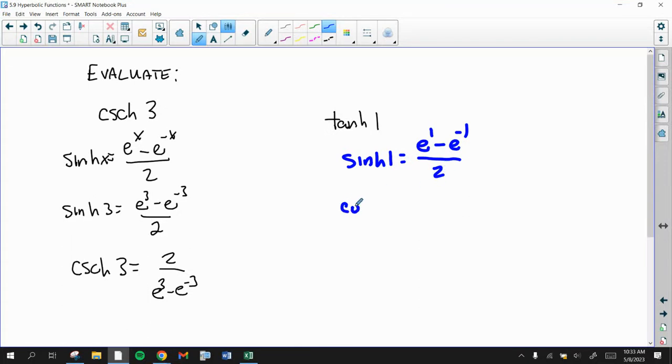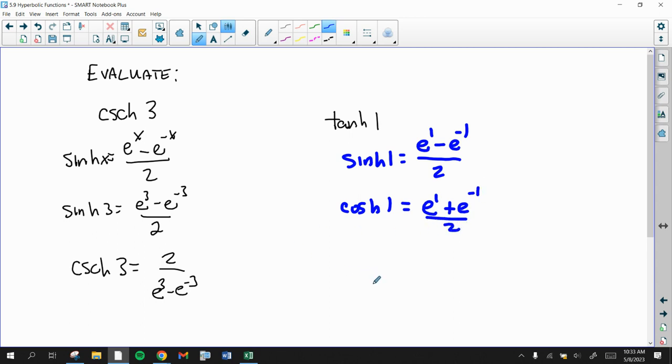And the hyperbolic cosine of 1 is the same as the sine except we have a plus here. So that's going to be e to the first plus e to the negative first over 2.